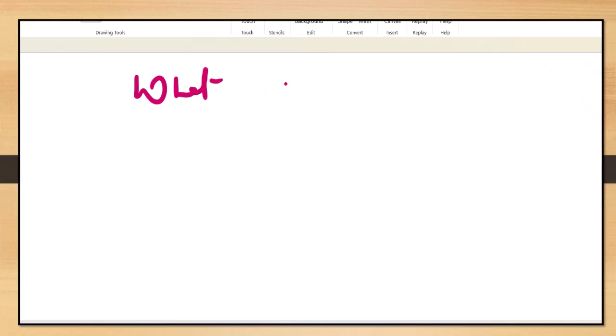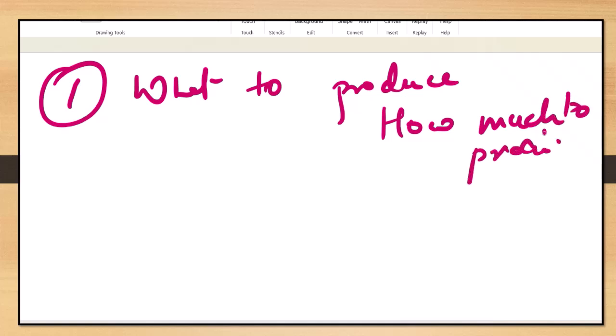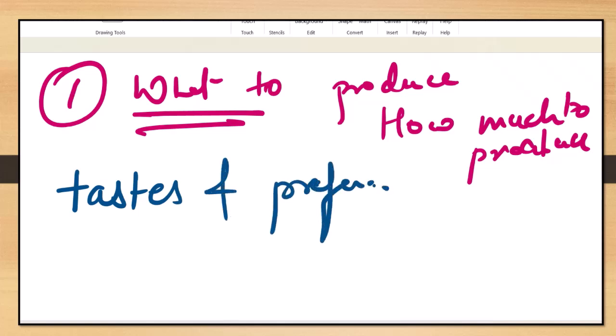First, what to produce? First we decide what to produce, and then how much to produce. In order to decide what to produce, first we have to look at the consumer side, and it is dependent on the taste and preferences.